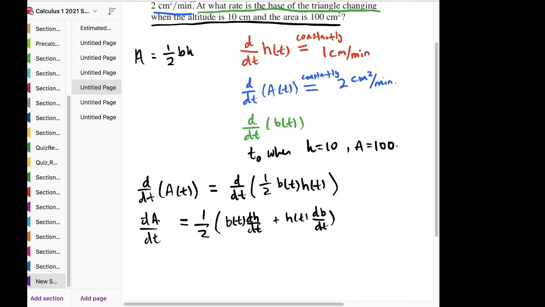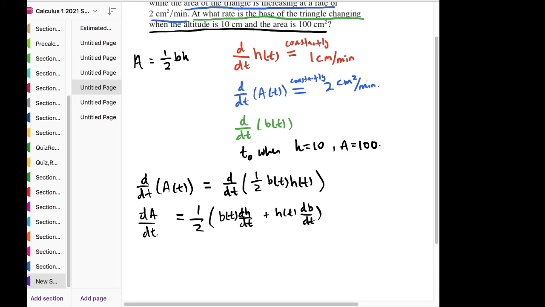Okay, so what things do we know? Do we know any of these values? We actually know a lot of values.